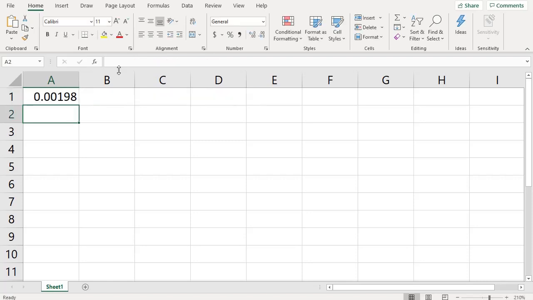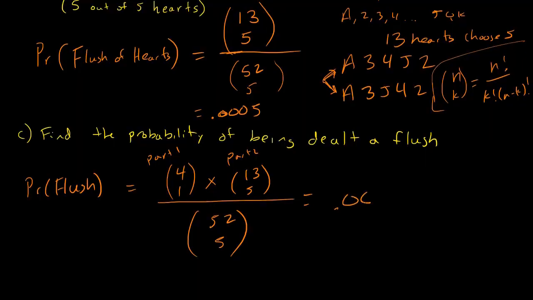Press enter, and you get 0.00, I can round that to 0.002. Okay, so it is much more likely, however still unlikely, that you will be dealt a flush. Remember, if you were to change this into a percentage, you move the decimal over twice, so this is 0.2%.